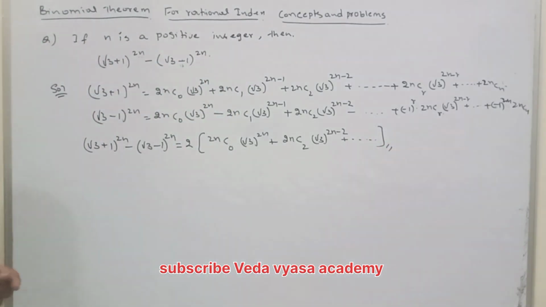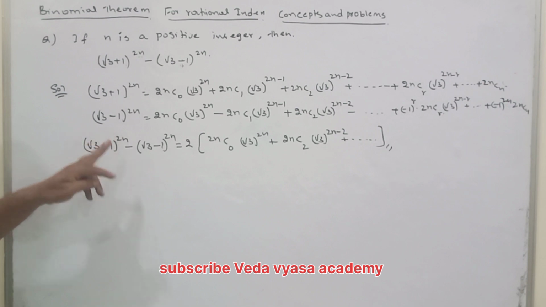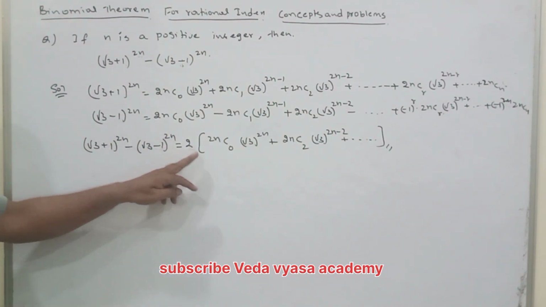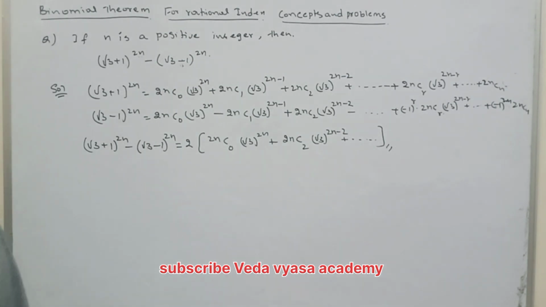This is the expansion of root 3 plus 1 whole power 2n minus root 3 minus 1 whole power 2n. Okay, all of you, that's all.